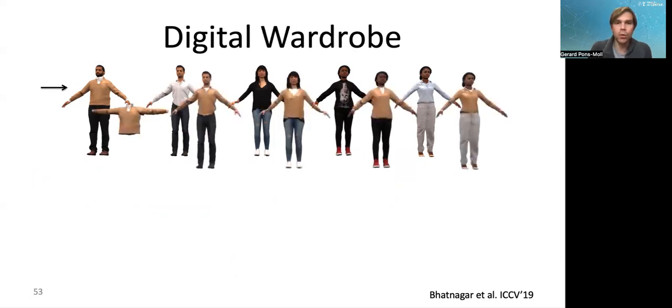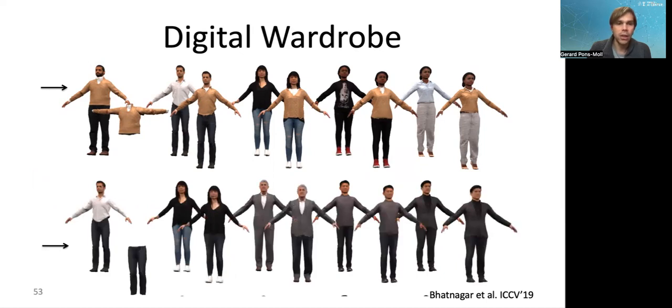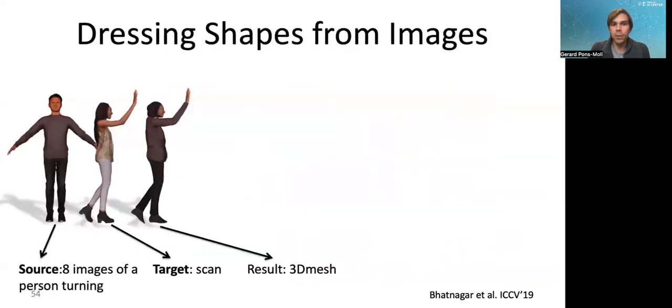And this allowed you to, for example, take one garment and map it to different scans of people, right? Notice that you have this level of control. You can just change the pants and the t-shirt or jackets. And this is done using CLOTH CAP, basically. You estimate the body shape, you estimate the garment on top, and then you transfer the displacements from one mesh to another, right? Now, the question is, how do you do it with images, right?